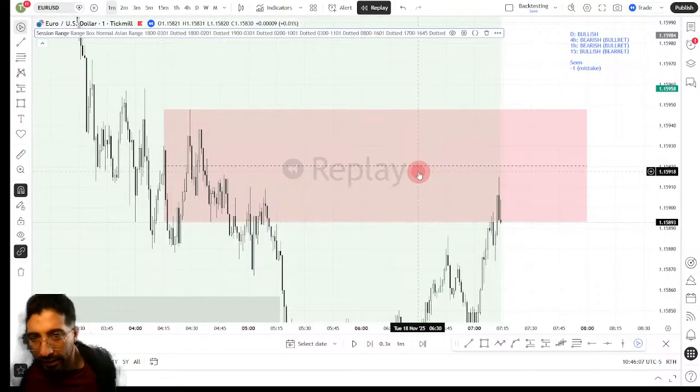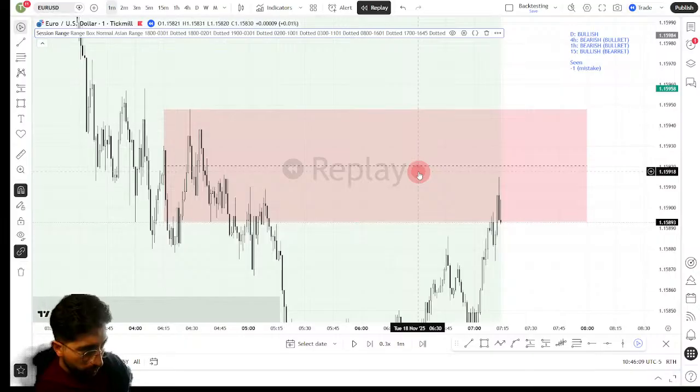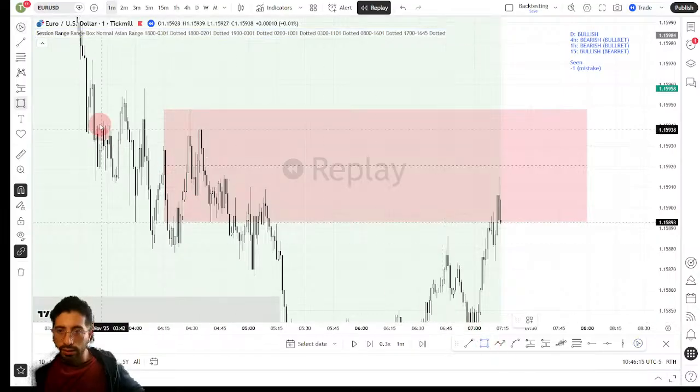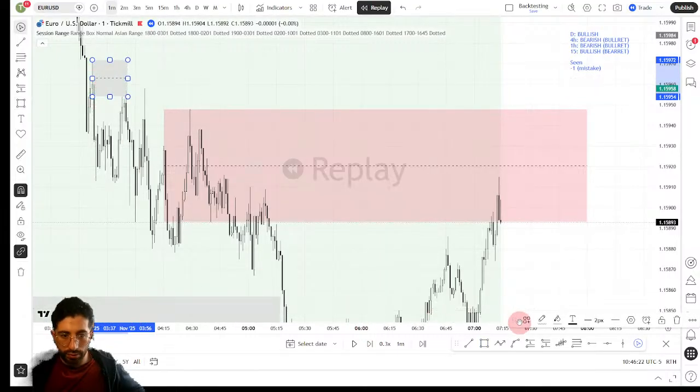So all of this is the 5 minute block, right? All of this is the 5 minute block. So here it is, block right here. Boom, it entered here. Supply.